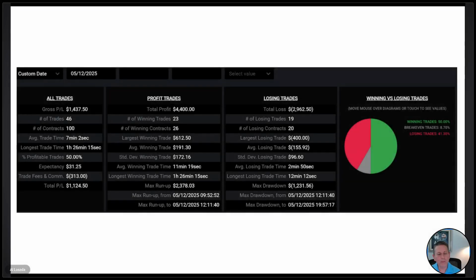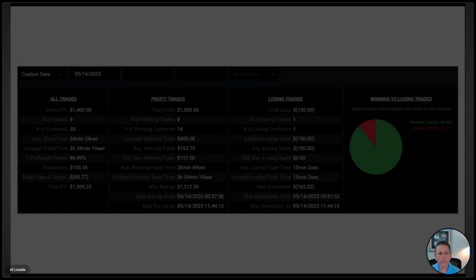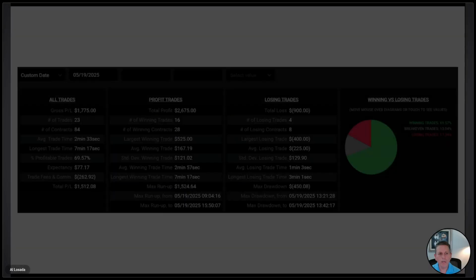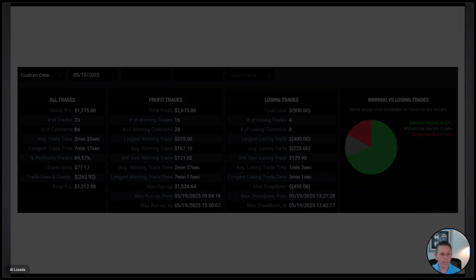So that was one day here, this is 5/12. 5/13, got a loss here, 2,600, and then on the 14th I had 1,400. 19, 17, and I've made money in between those positions there, so trading every day basically.